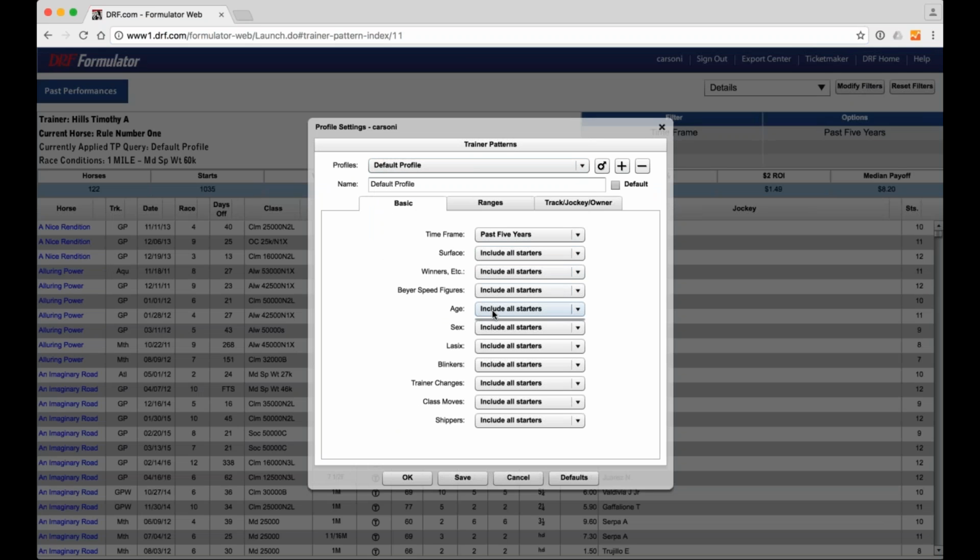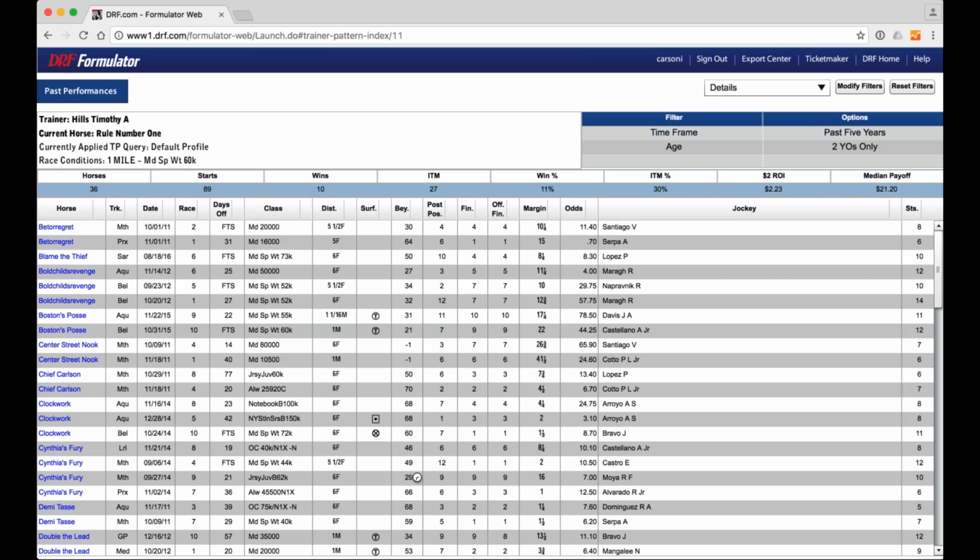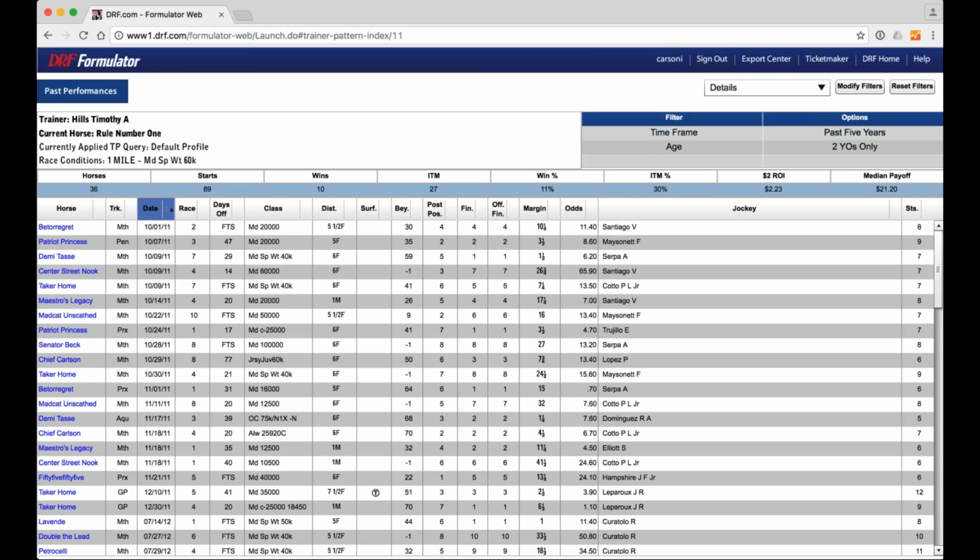I do want to touch on what was brought up before in regards to odds in the sample size. Yes. When I started utilizing the formulator earlier in the year, I was doing good but not great. I just didn't feel like I could turn the hump. I had a couple of good meets.